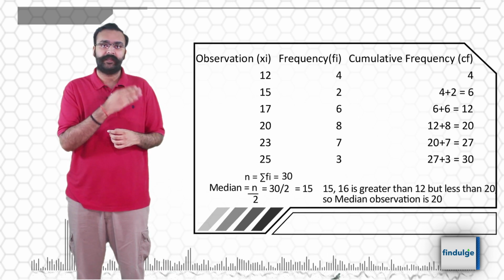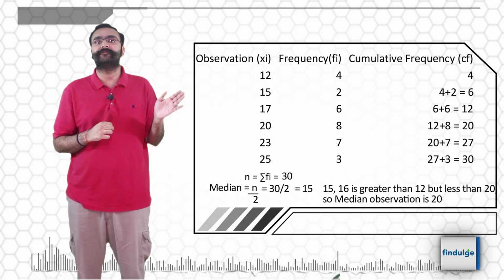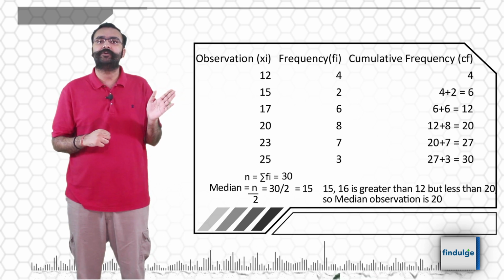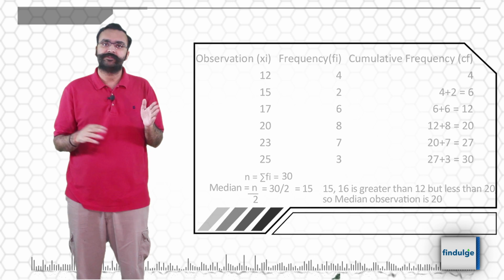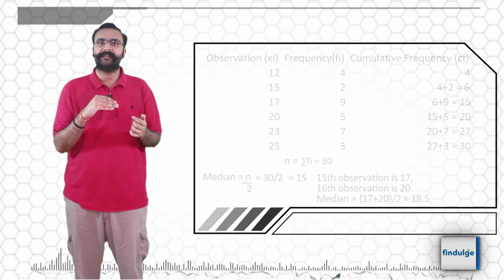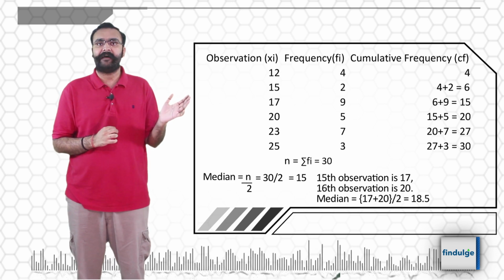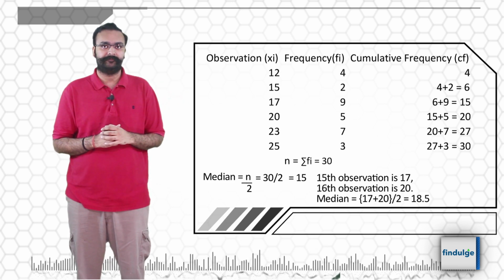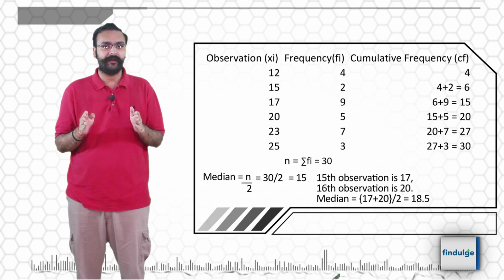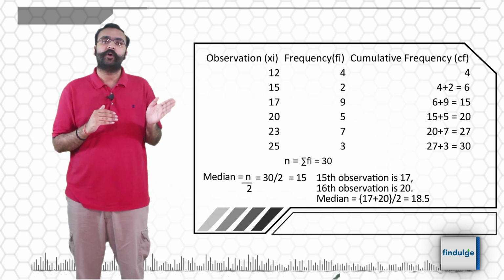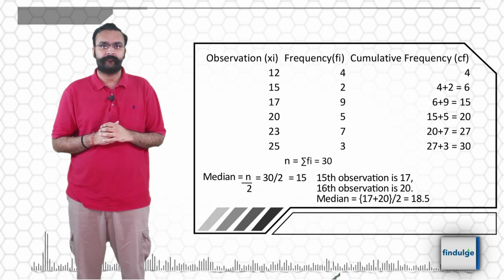Like so. In these 2 cases, in one of them, both of them are coming out to be in the same frequency, so that's just our median. In the other one, it's coming out in consecutive frequencies, so we take their average and that is our median. This way, we can find the median of discrete data.